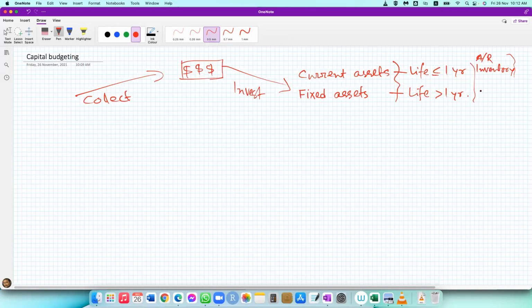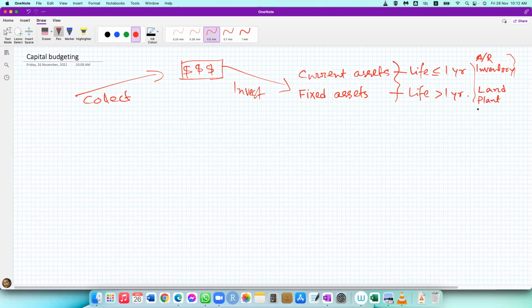So the examples of fixed asset, can anybody tell me any example? Land. Yeah, land is very much fixed, right? Then what else? Plant, means factory or something like that.